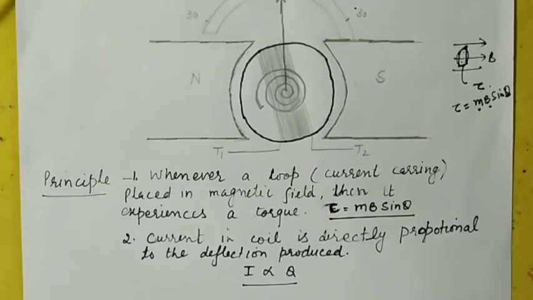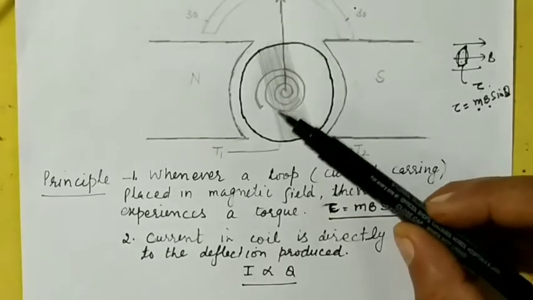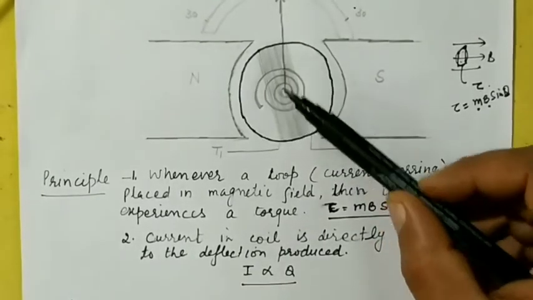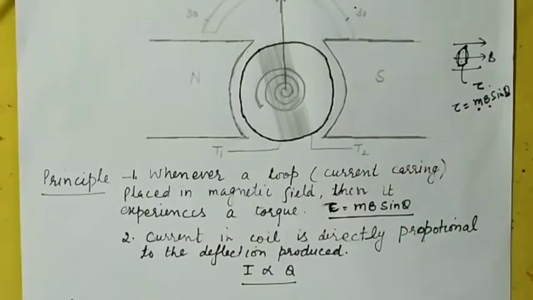And the second rule is that the current in a coil is directly proportional to the deflection produced. That is, the current passing through a galvanometer depends upon how much deflection is produced.